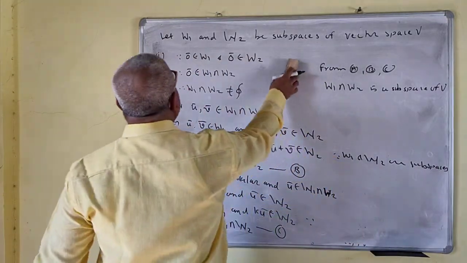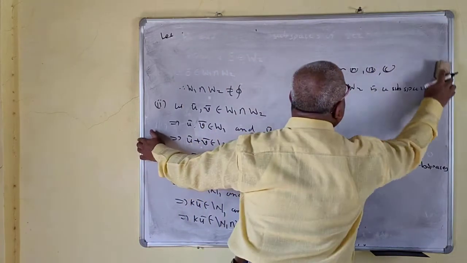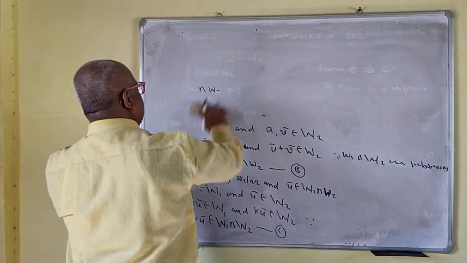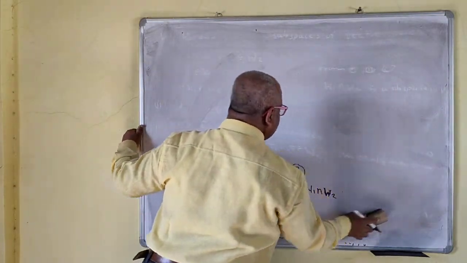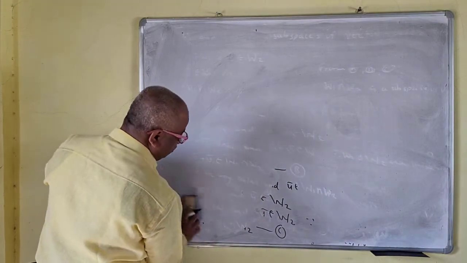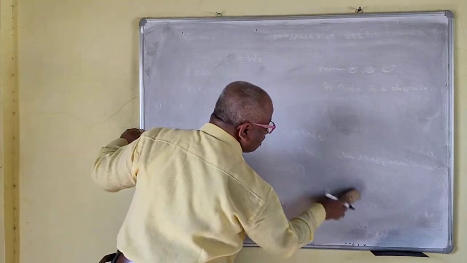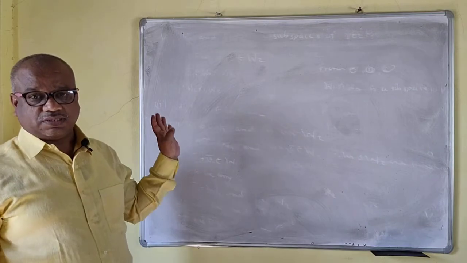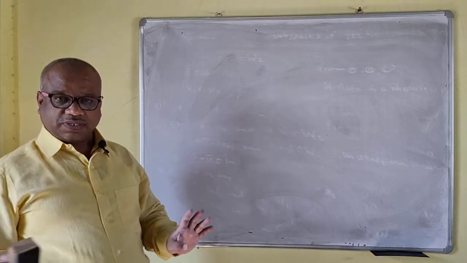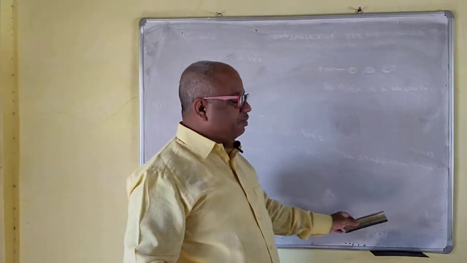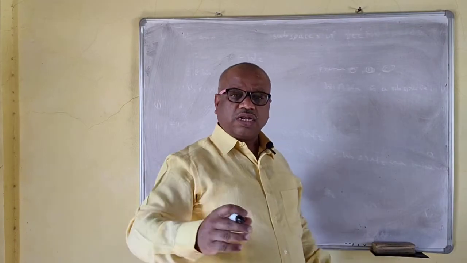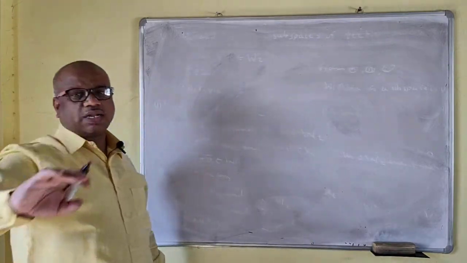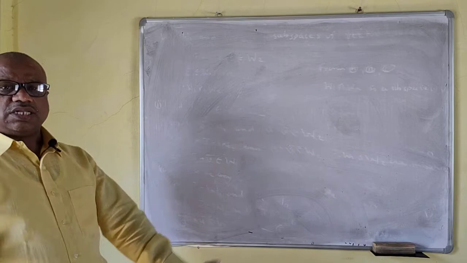Now know that the intersection of subspaces is a subspace. So even for three subspaces, or W1, W2, W3, up to W100, their intersection is also a subspace.